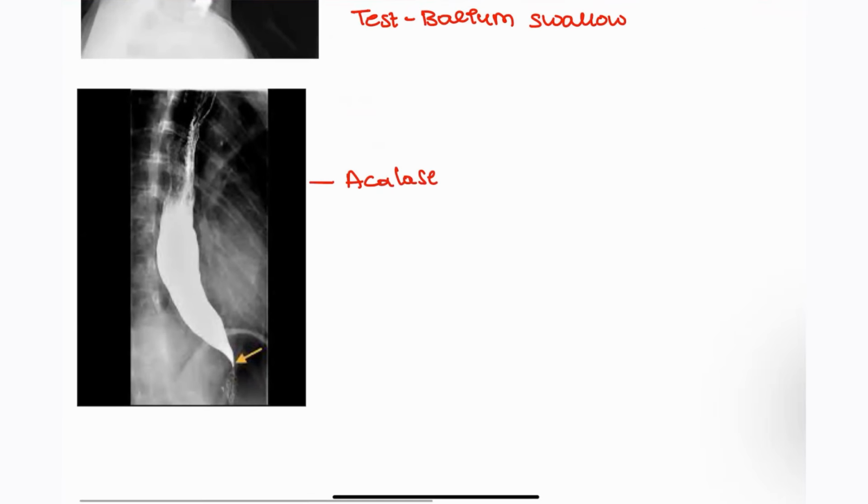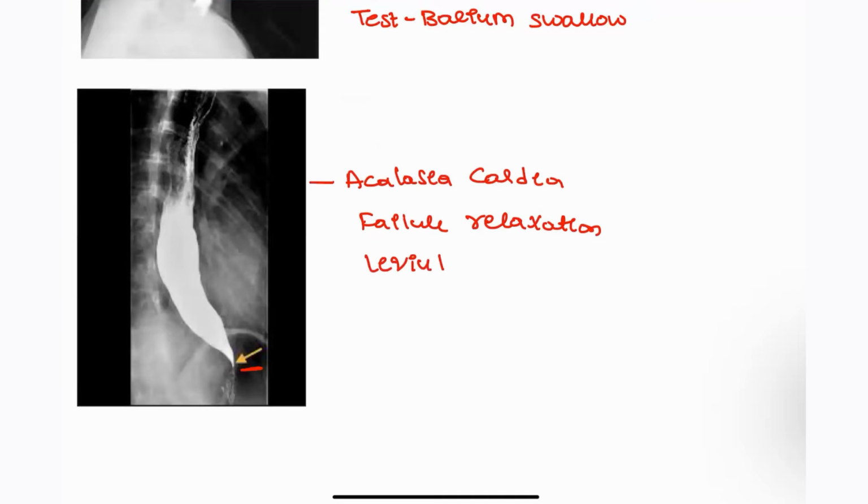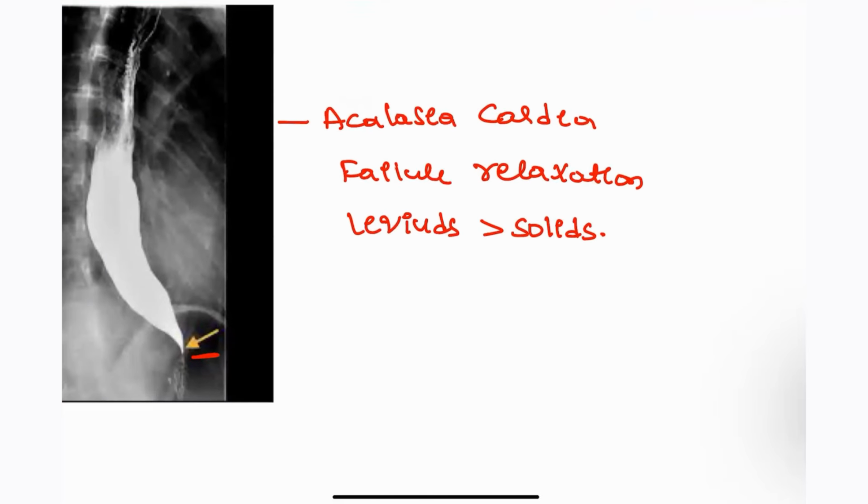Next, this is achalasia. Achalasia cardia is due to failure of relaxation of the lower sphincter region. Failure to relax causes this condition. The patient will have early difficulty with liquids, and after that there will be difficulty with solids also. But most commonly the patients have difficulty with liquids.